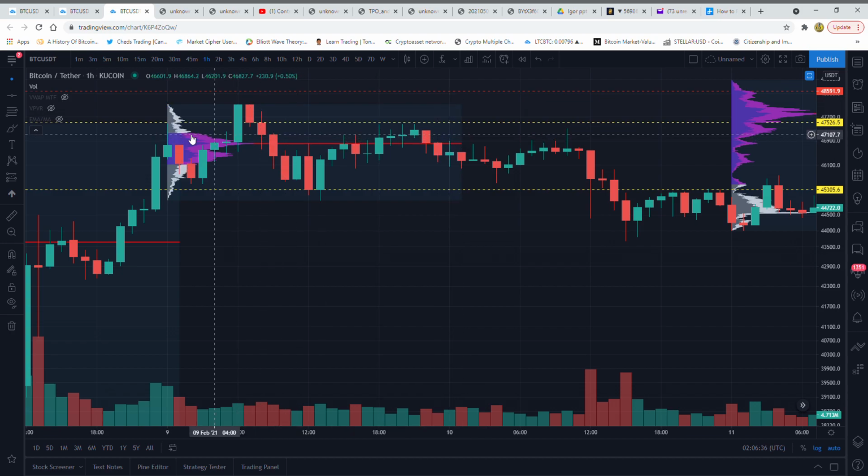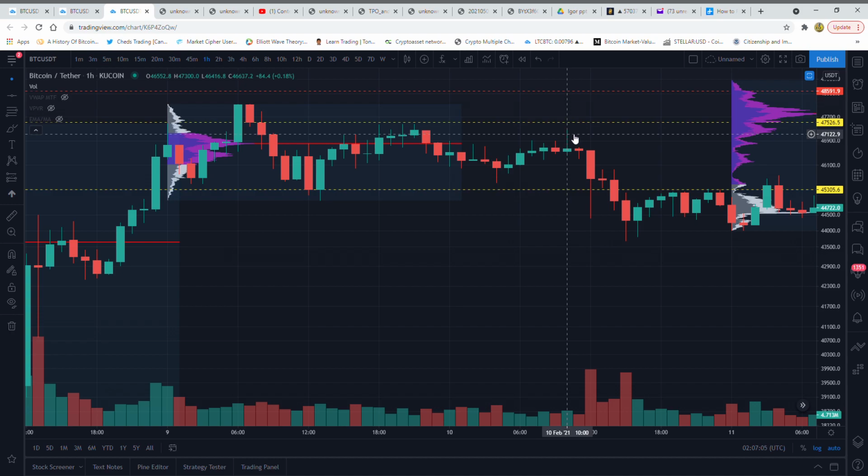Second level of profit will be when it reaches this level. So as you can see, you enter on the 0.618 Fibonacci retracement, go to a long position, take profit 1 at the point of control from the previous day. Then the second profit will be the volume area node high, that is here.